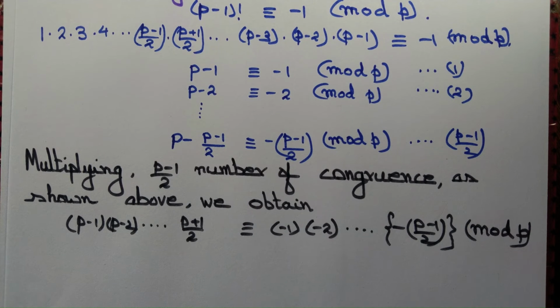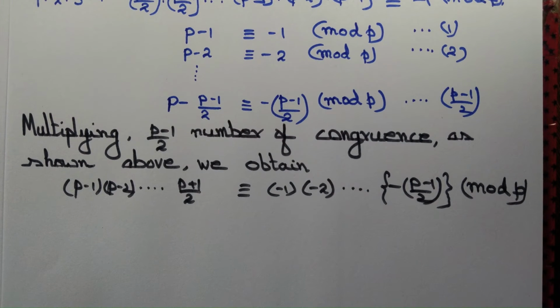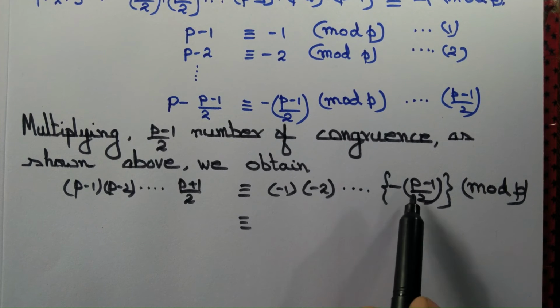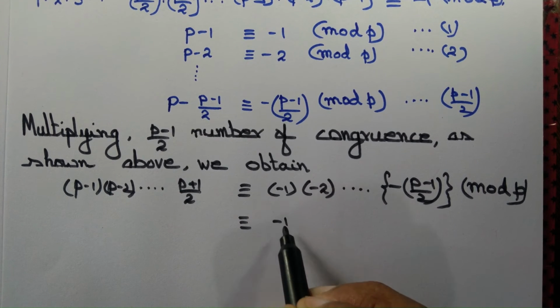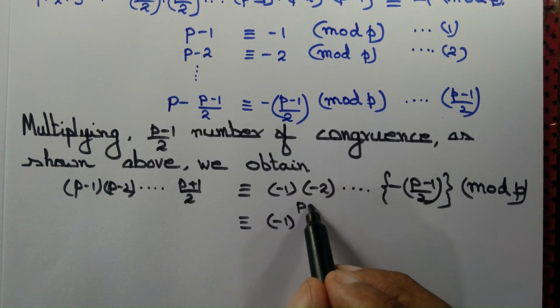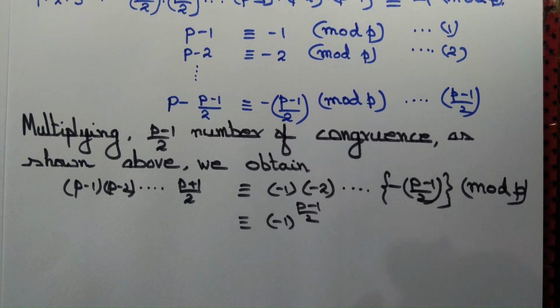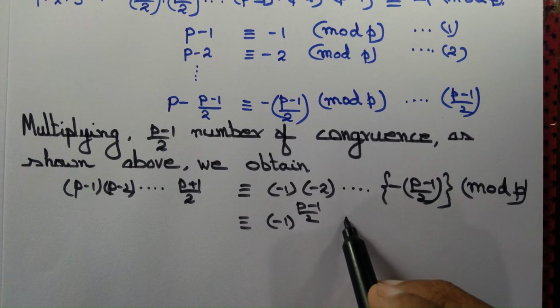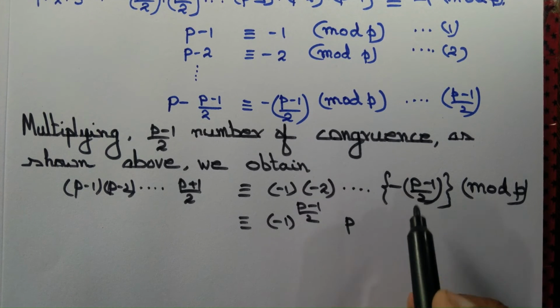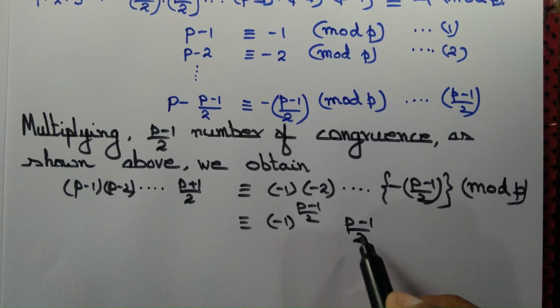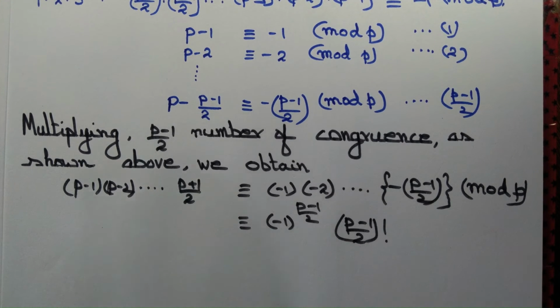As we said earlier, somehow we want to use Wilson's theorem. See how many times minus occurs? It occurs minus 1 to the power p minus 1 by 2. And then 1, 2, 3 up to p minus 1 by 2, that is factorial p minus 1 by 2.